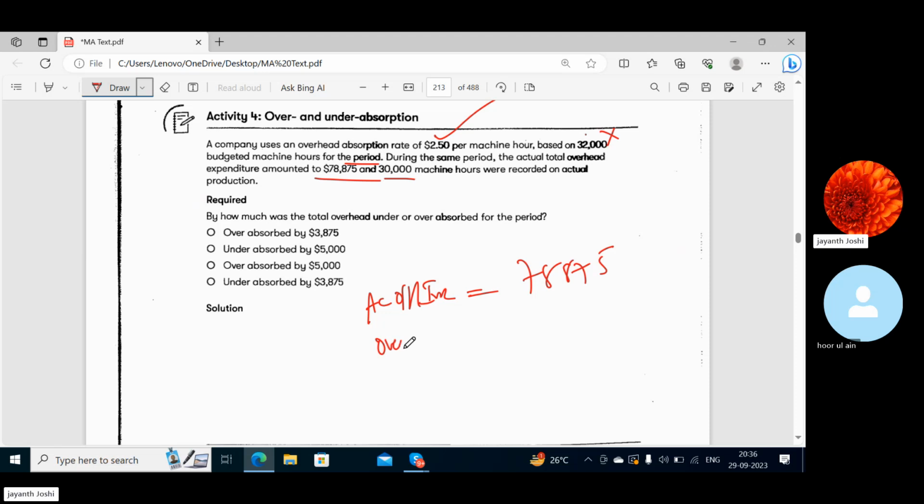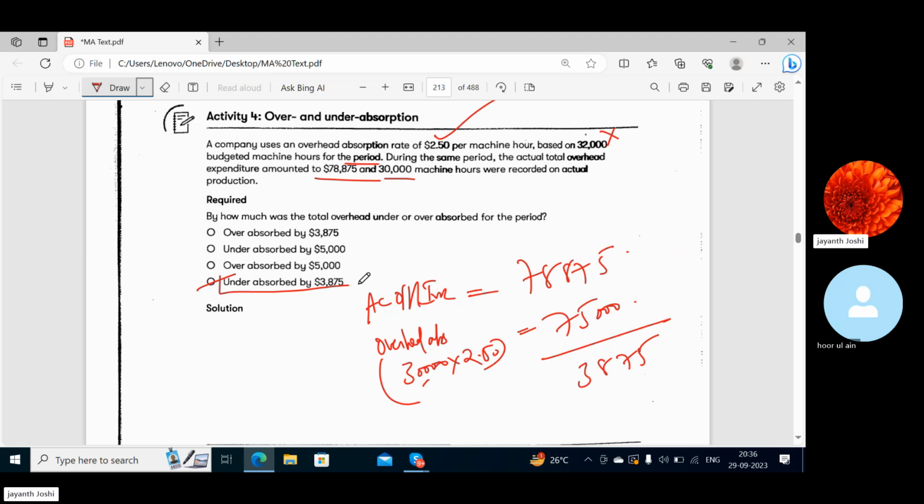So overhead absorbed: 30,000 actual hours into the overhead absorption rate will give you 75,000. So you are showing less, you have incurred more, right? It is under absorption, yes, 3,875. So under absorbed by 3,875. Just finish this, we'll move forward.